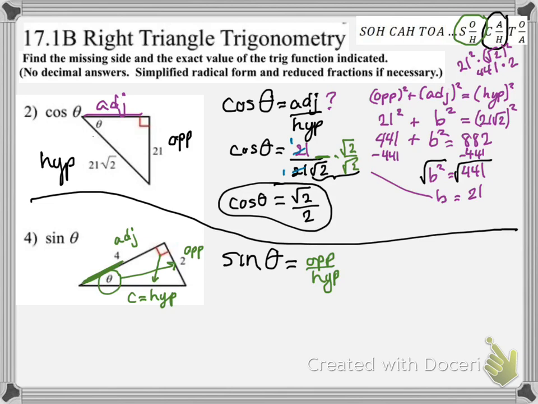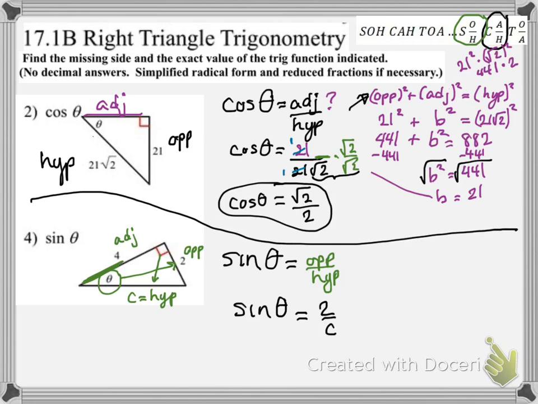Sine is the opposite over the hypotenuse, and my opposite side is 2. My hypotenuse, I don't know, and that's equal to sine theta. I'm going to have to figure out what exactly is the value of that C. So I'm going to think Pythagorean theorem, because I know 2 sides. Opposite squared plus adjacent squared equals hypotenuse squared.